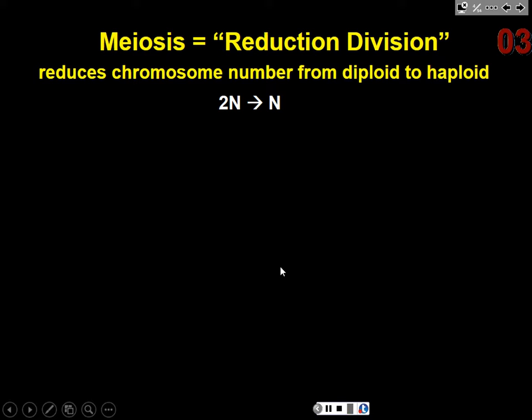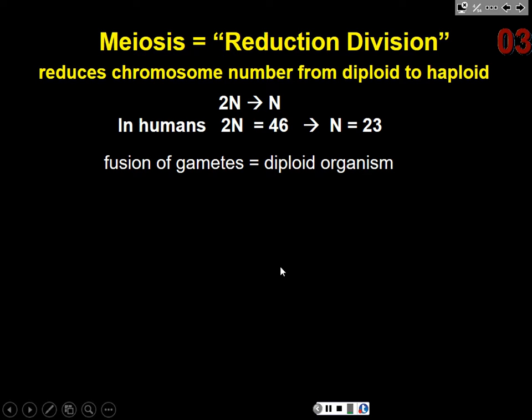And diploid in humans is 46. What's haploid in humans? 23. That's exactly right. So we're going from 46 to 23. This is in meiosis. And then again, the fusion of those two gametes would give you 2N again, right?